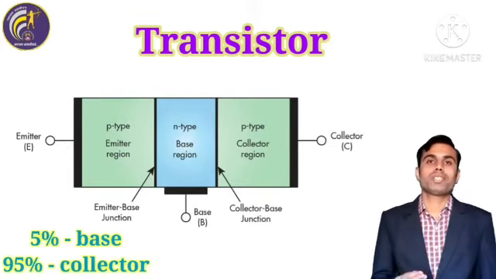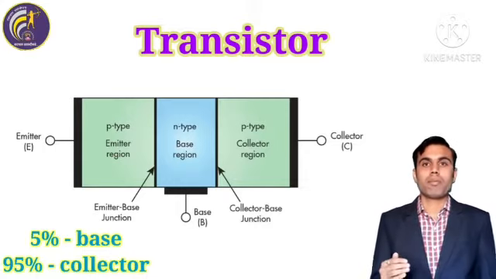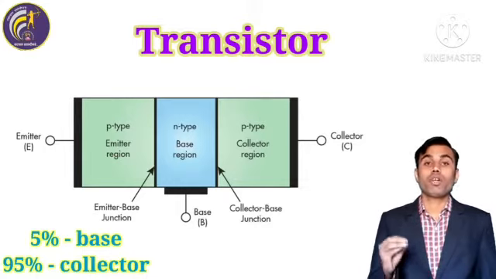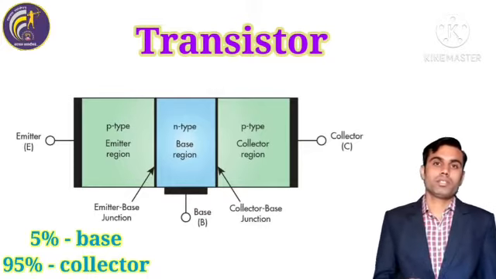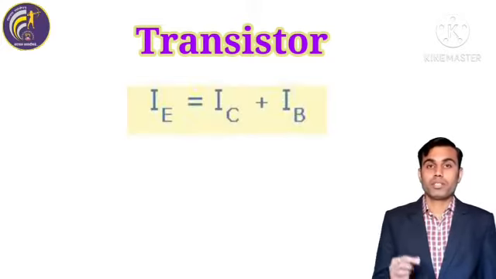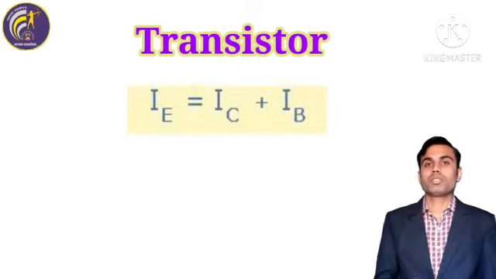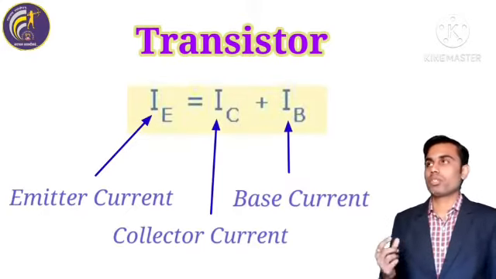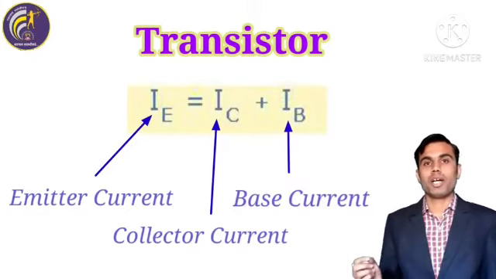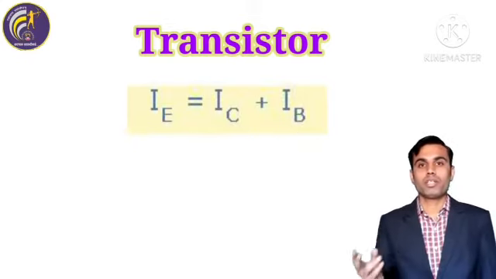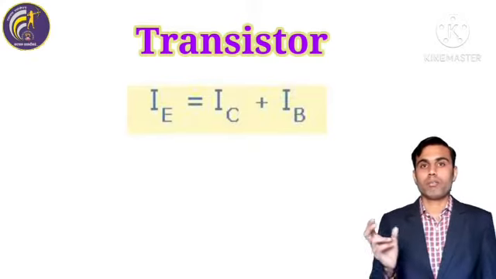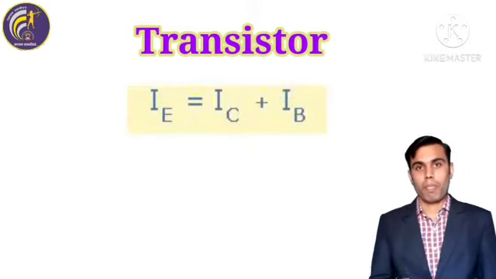About 5% of the current is gained by the base and about 95% of the current coming from the emitter goes to the collector. So the current equation for a transistor becomes IE equals IB plus IC. The current in the emitter is distributed between the current in the base and the current in the collector.